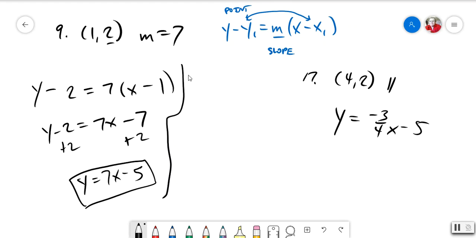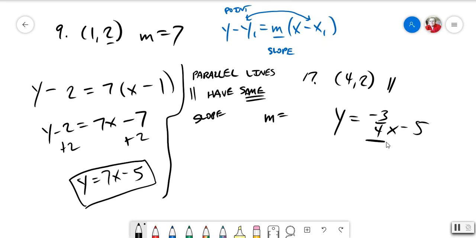Here, if you remember, parallel lines, and the symbol for parallel looks like an 11, have the same slope. So m equals negative 3/4.